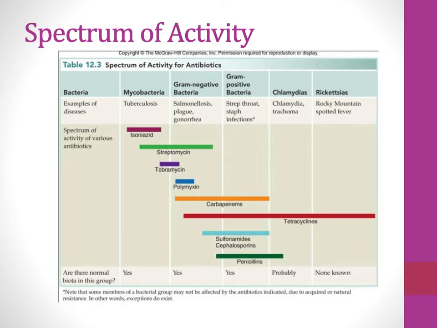Penicillin is also generally considered narrow spectrum. So they work as cell wall inhibitors, and if we think about which type of bacteria has a thick cell wall, that would be gram-positive.